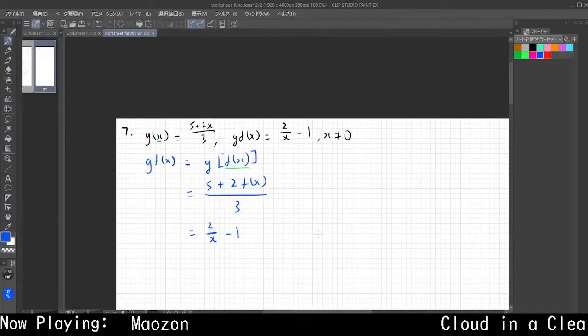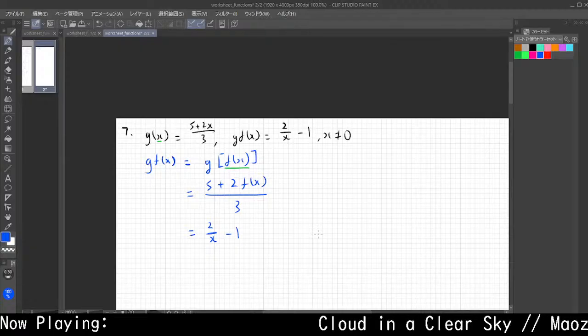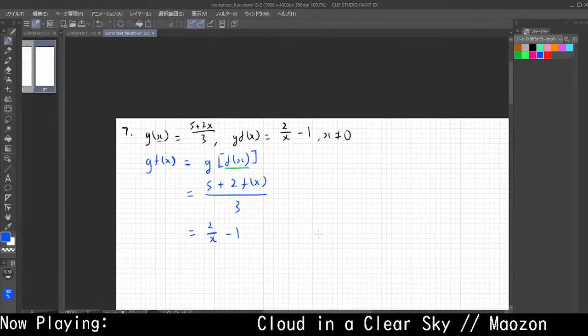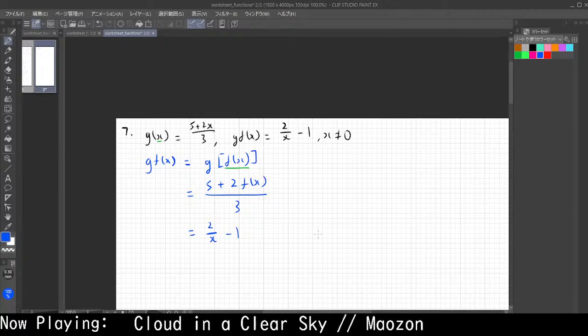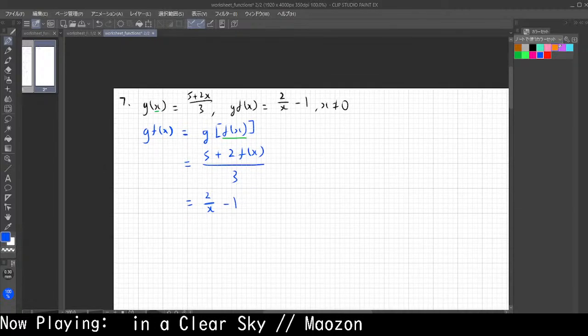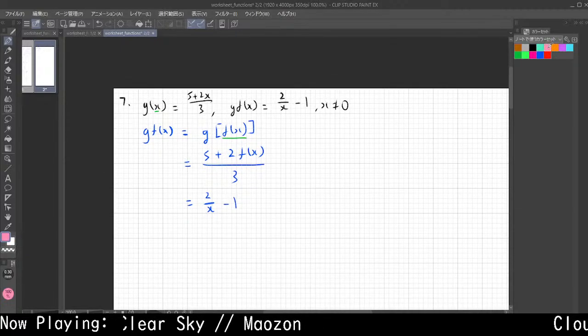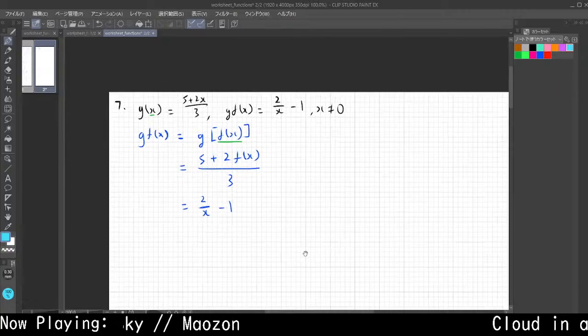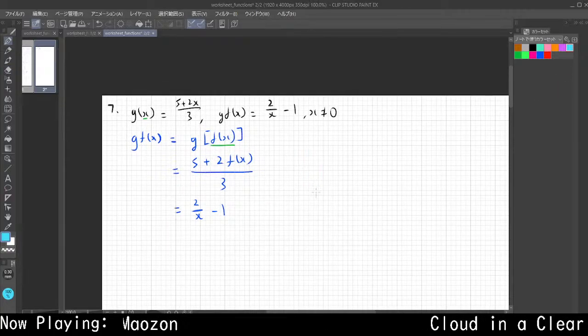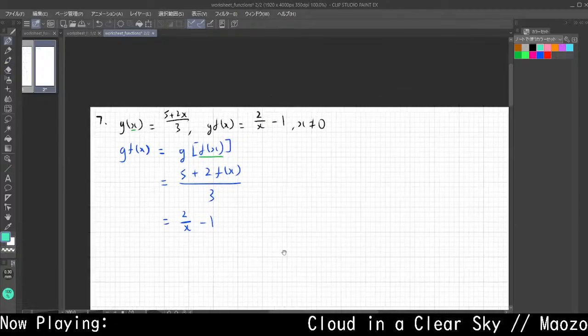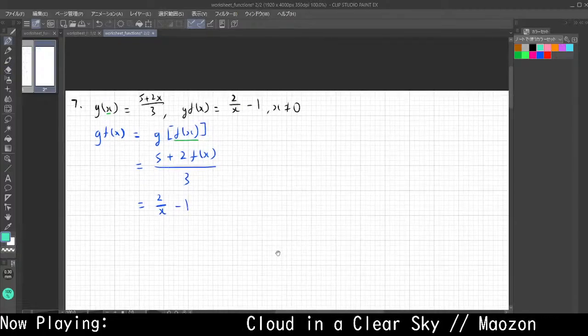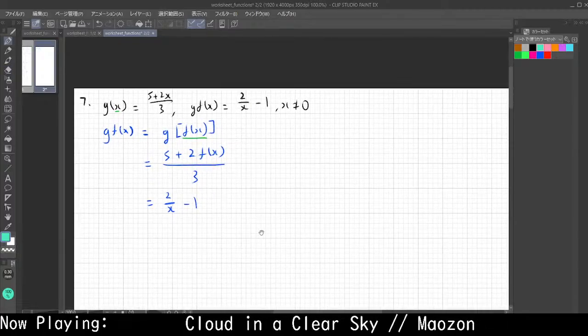From here on, rearrange certain terms. You want to find f(x) in terms of x. Okay, I hit the mic. Maybe we can use the color, hope it's not too bad.